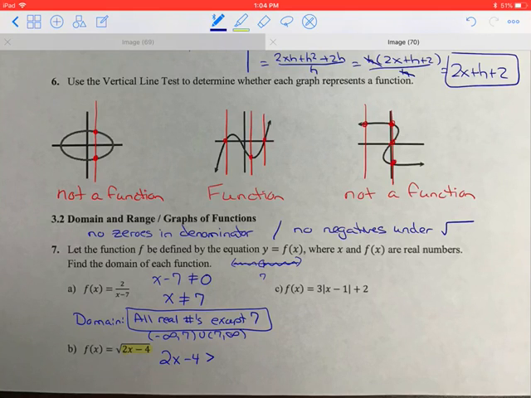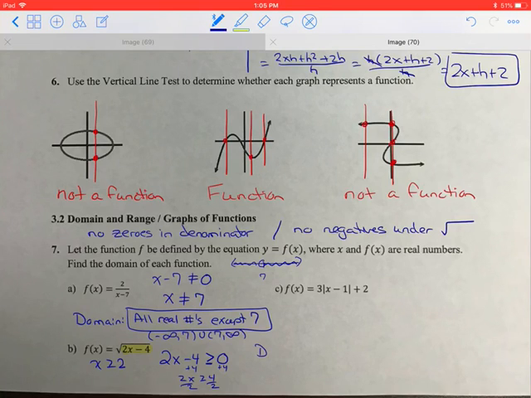So another way to think of positive is greater than 0, and it's also allowed to equal 0. Okay, so by writing it this way, I've taken all the negatives out because I'm not allowing it to be less than 0. So then if I solve that inequality, I get 2x greater than or equal to 4, and I get x greater than or equal to 2.